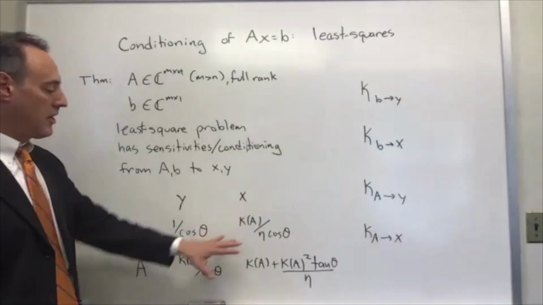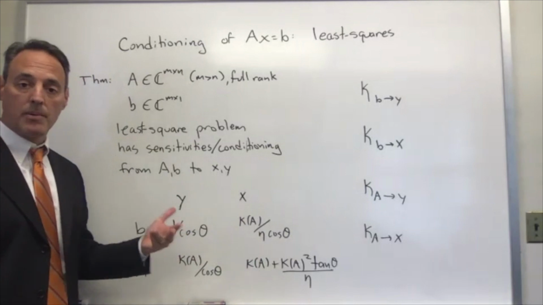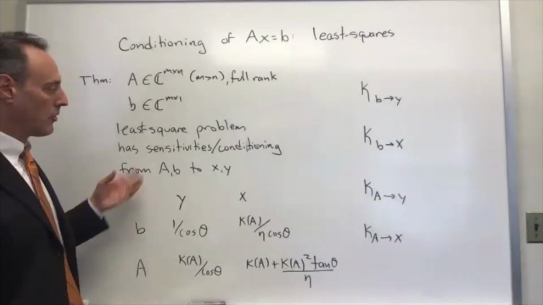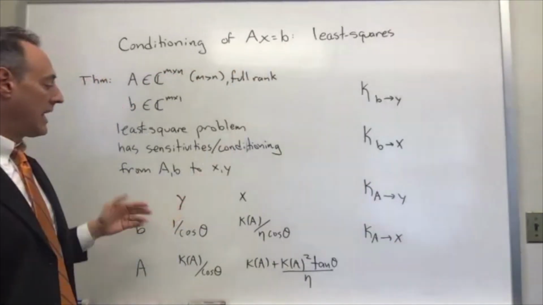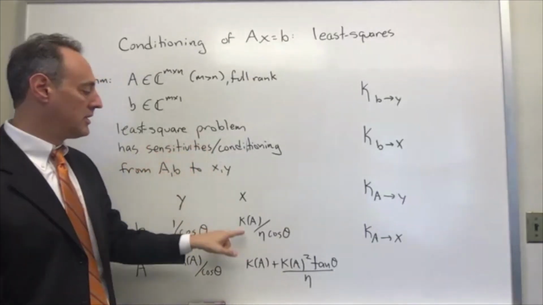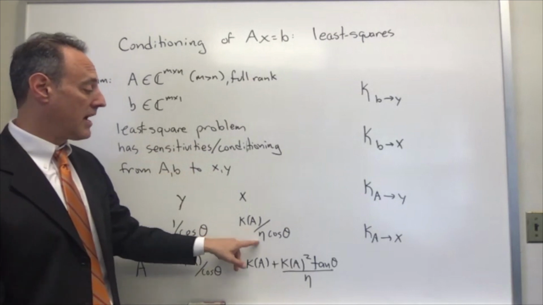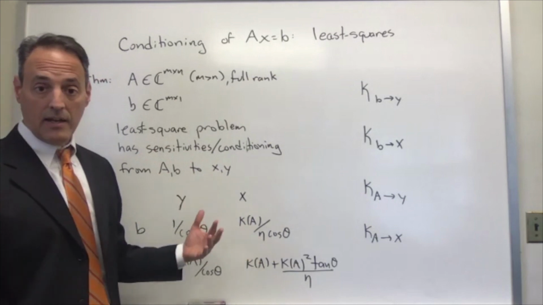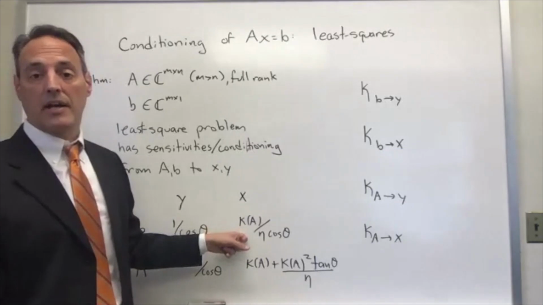So the nice thing is I've already given you the answers. And so right away, if you want to know what's the condition number of that solution, so if, for instance, I perturb B, the right-hand side of AX equal to B, then I can ask the question, what's the condition number of that to my solution? It's given right here. Look at it, it's got the condition number of A divided by this angle theta and eta. And of course, if A itself has a high condition number, then this is going to have a high condition number as well.